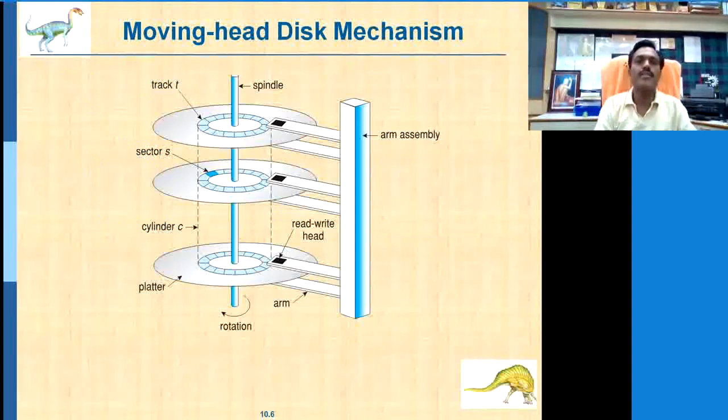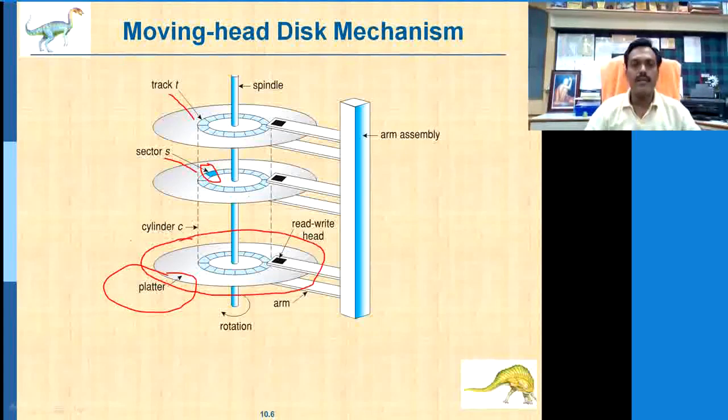Now this is the typical structure of the hard disk or any secondary storage device. If you observe here, the track is shown here, then the sector is also shown here, this particular sector. Then this is the platter shown here.